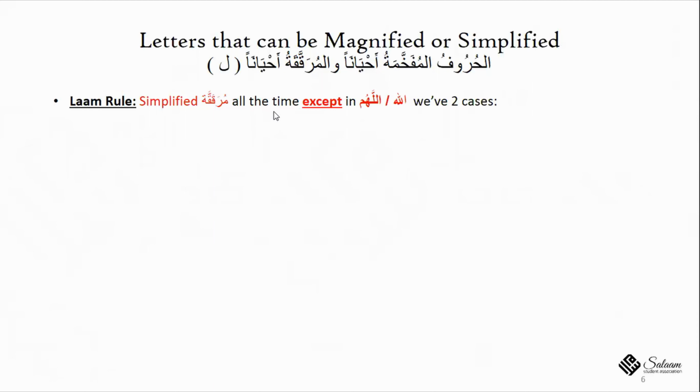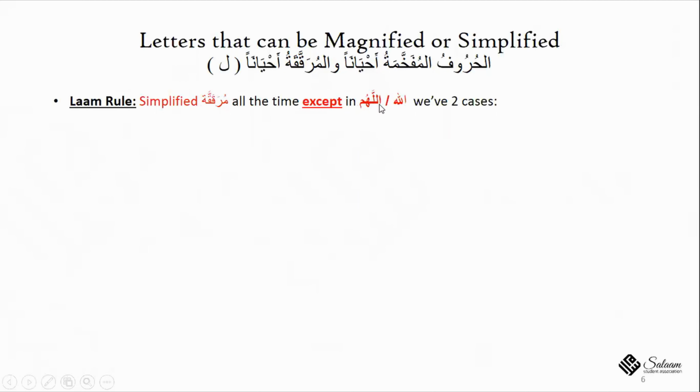Bismillah. So here lam will only be mufakhama in case this is Allah or Allahumma. And not only that, but when we have Allah or Allahumma, these two words, we can have magnified or simplified lam. But otherwise, lam will always be simplified, will always be muraqqaqa.